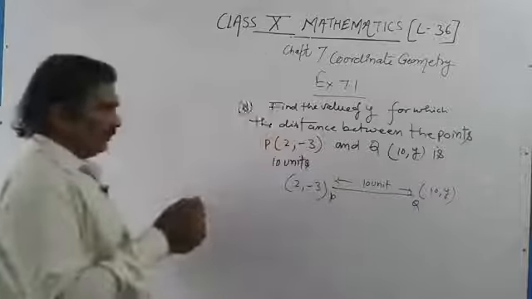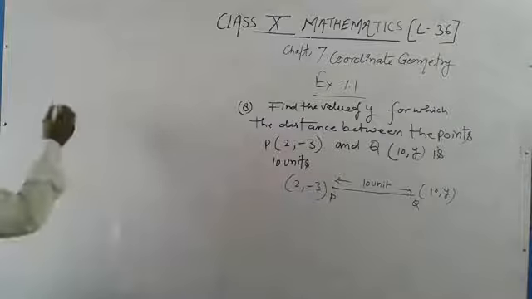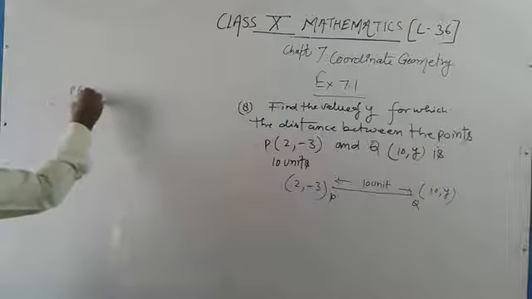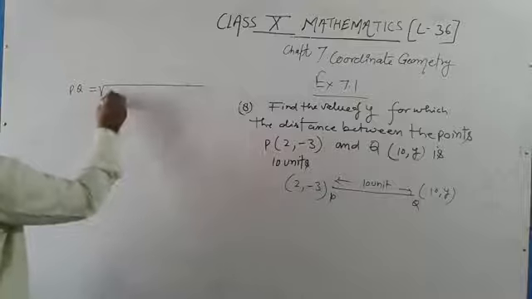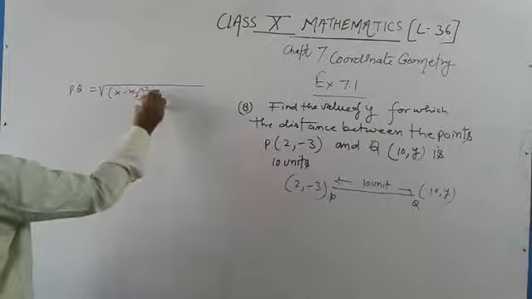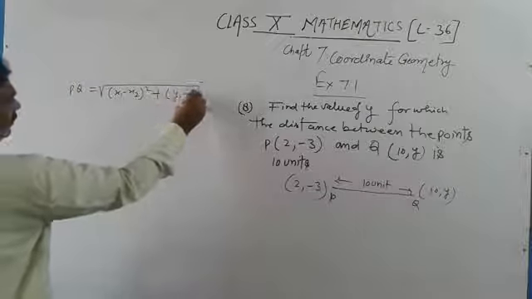So we have to find the value of y using distance formula, like PQ is equal to under root x1 minus x2 whole square plus y1 minus y2 whole square.